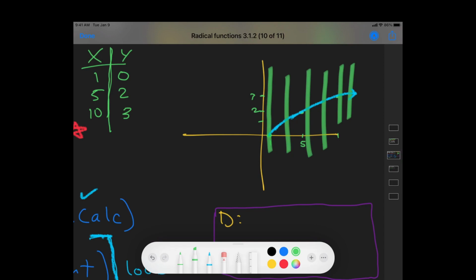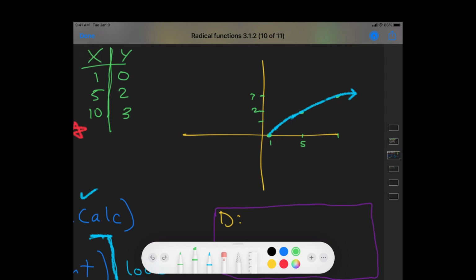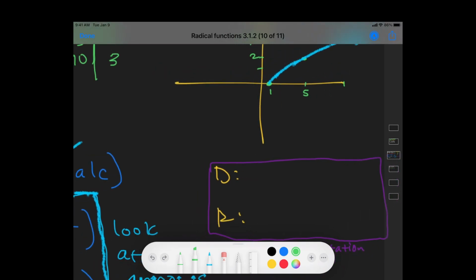I'm going to erase these lines because we're going to use these later. So that number there in green is the starting x value, so domain is going left to right, starting at 1 right here. And I'm going to use a bracket, which means it's including, or it's a closed circle.